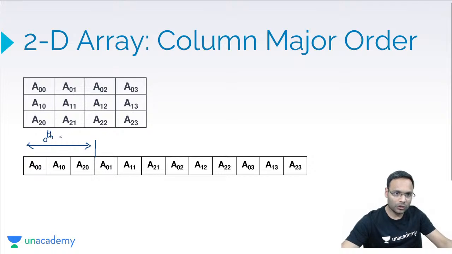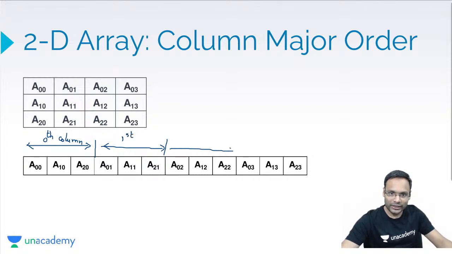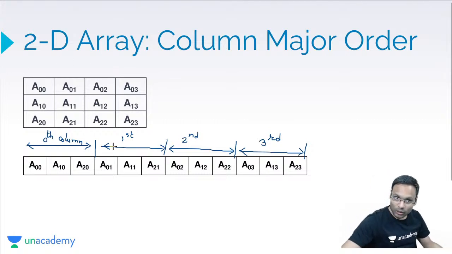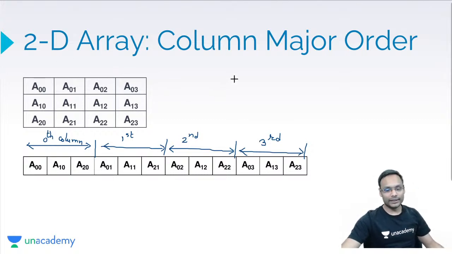Then we have 3 elements of first column. Then 3 elements of second column. Then 3 elements of third column. 0 to 3, 4 columns, each column having 3 elements.